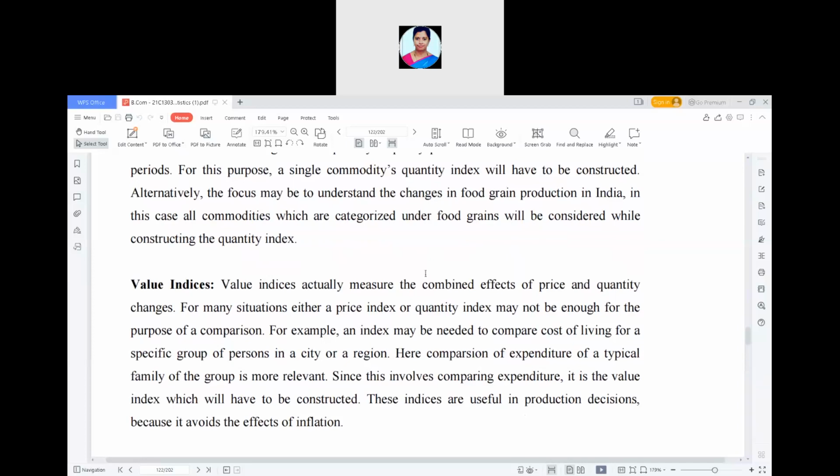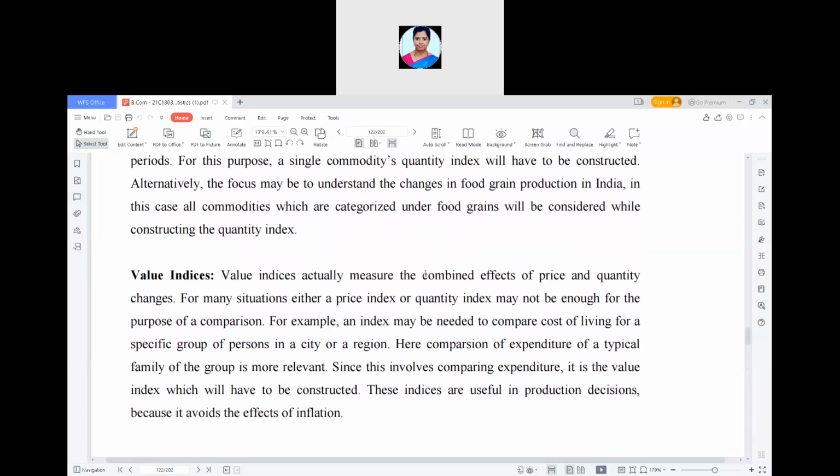For many situations, either a price index or a quantity index may not be enough for the purpose of comparison. For example, an index may be needed to compare the cost of living for a specific group of persons in a city or a region. Here the comparison of expenditure of a typical family or group is more relevant.